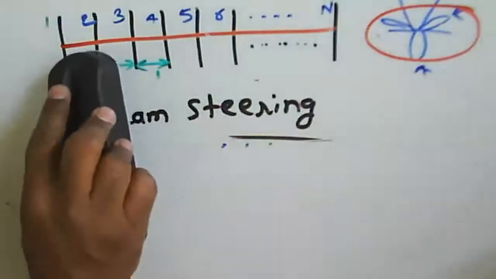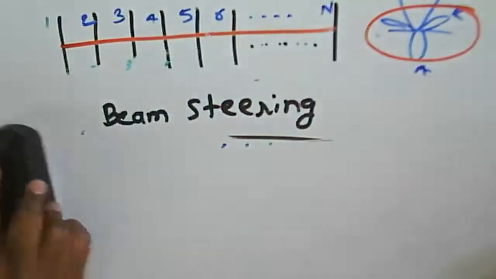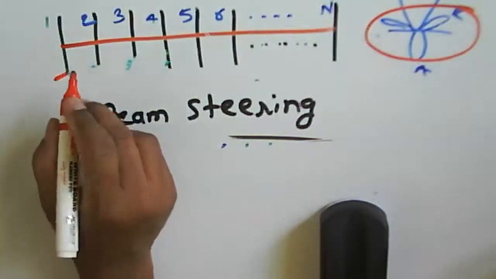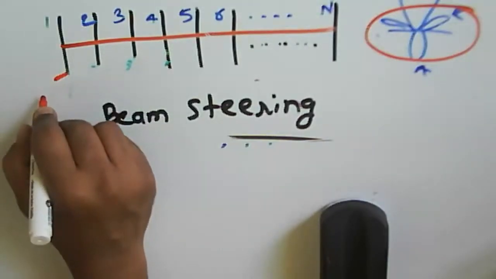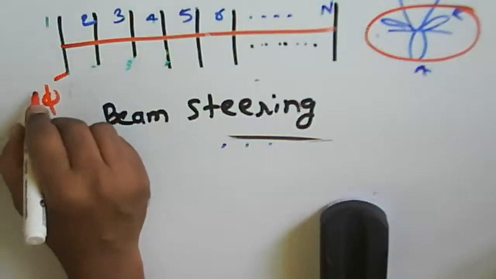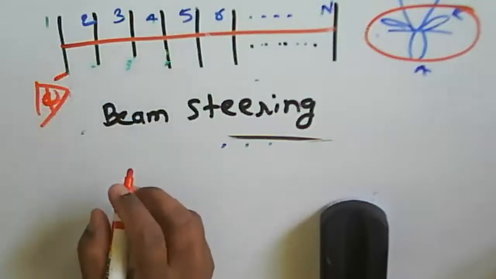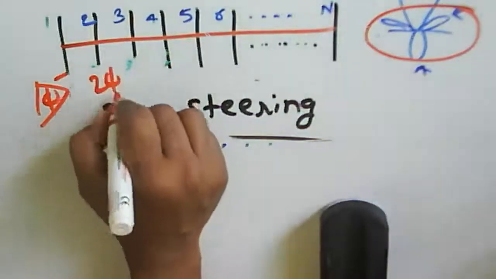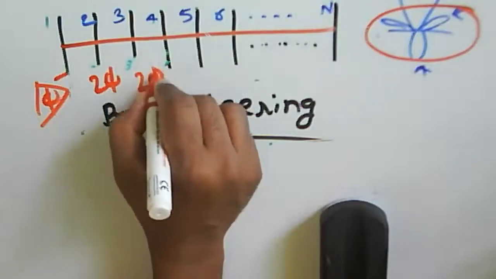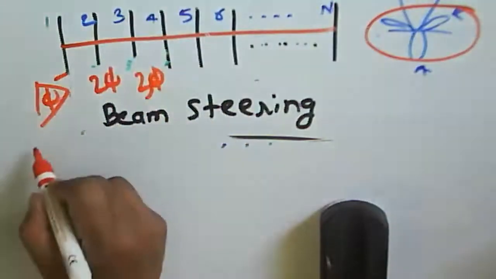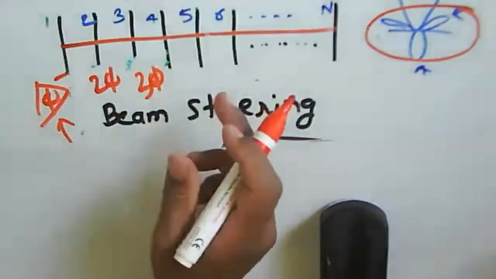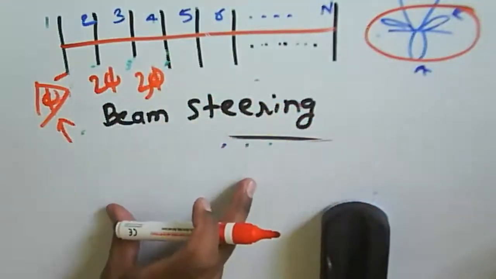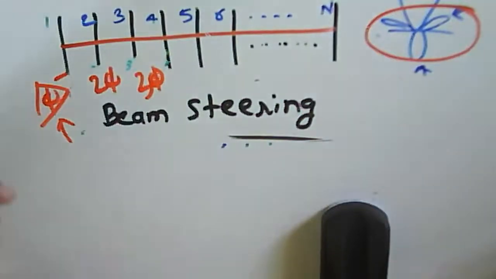For each and every element, if we apply it here at the feeding point, then the phase is variable; that is the phase shifter we are supposed to consider. This one is 2 pi, likewise, and this one is variable. Everything will be variable, so that beam steering will be possible if we change the phase there.